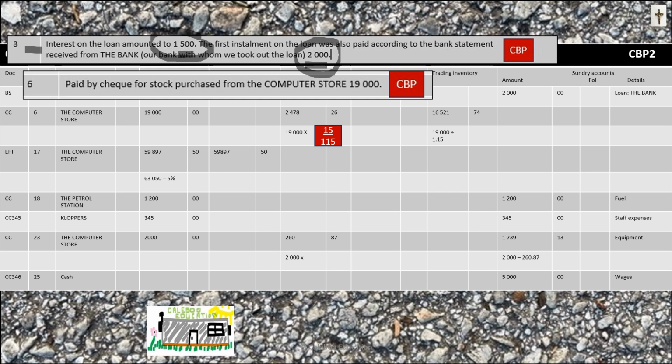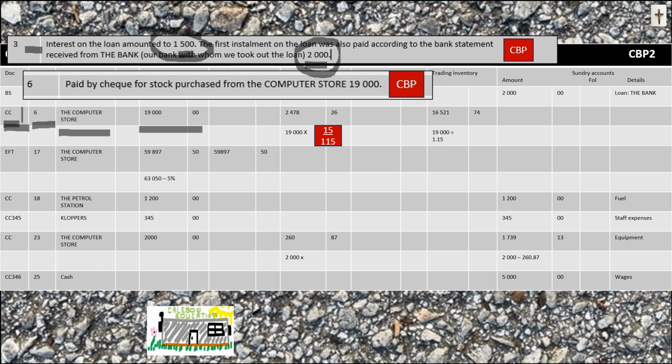So we write out a check. What we're left with is the check stub or check counterfoil. And the date was the 6th. Who did we pay? The computer store. There would be a check number here. Let's just make it, for the exercise, check number 1. The amount that was paid under the bank column, 19,000.